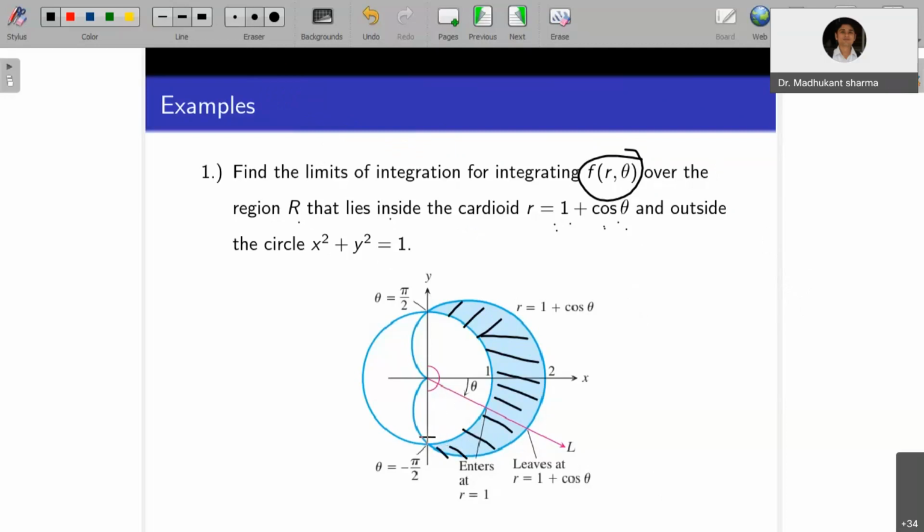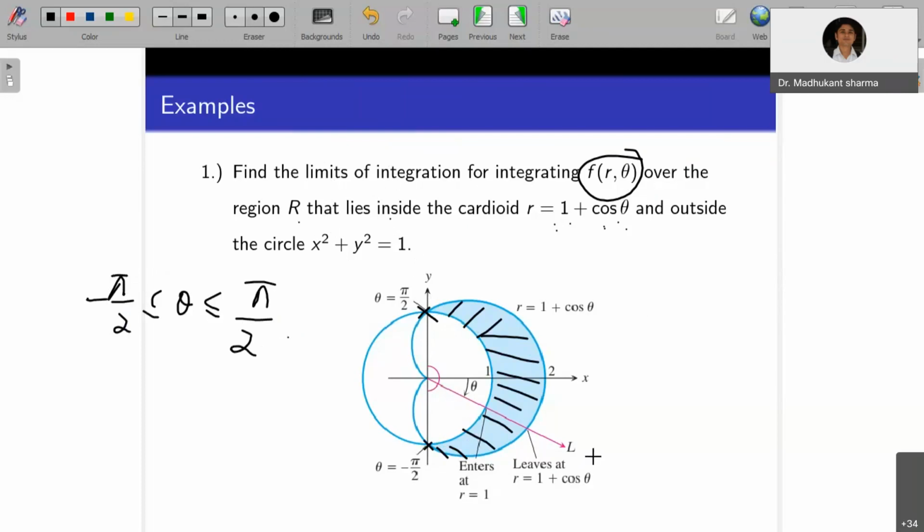So it is very clear that theta limit is from minus pi by 2 to plus pi by 2. So when it is not mentioned, it is always taken in the anti-clockwise direction. So you have theta limit is minus pi by 2 less than equals to theta less than pi by 2.